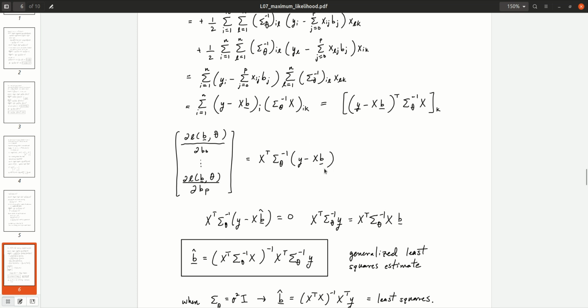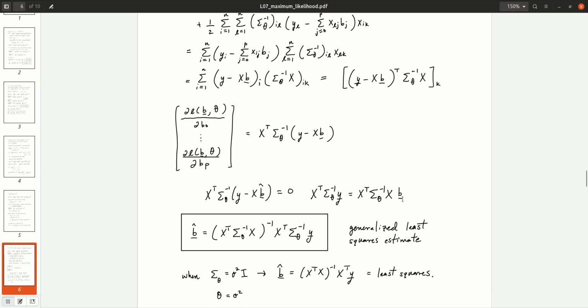Now, to get the estimates of the regression coefficients, we set these partial derivatives to 0 and solve for b. So that's what we're doing here, setting it to 0, plugging in b hat, that's the solution. And then if we separate things out, put one side on the right, one on the left, we get x transpose sigma theta inverse y equals x transpose sigma theta inverse x times b.